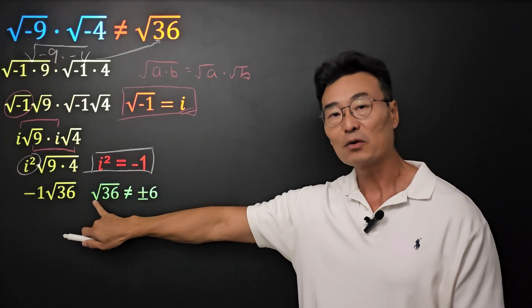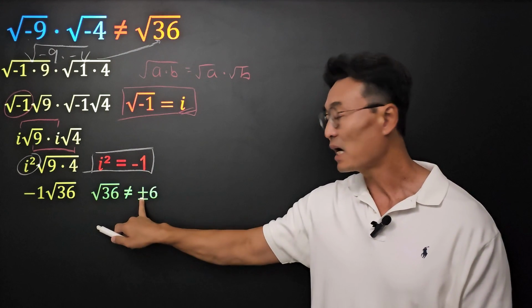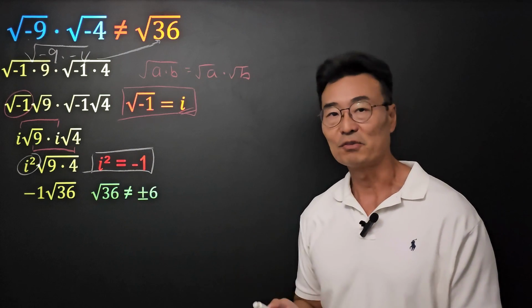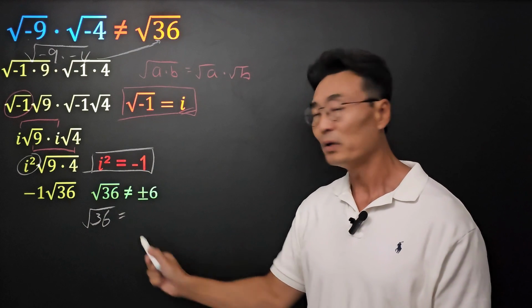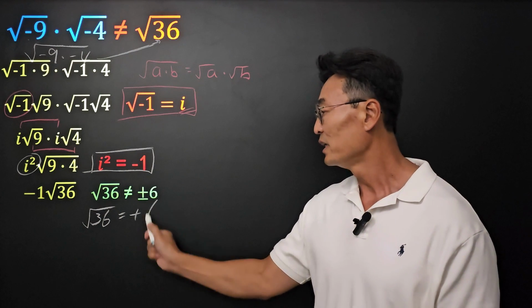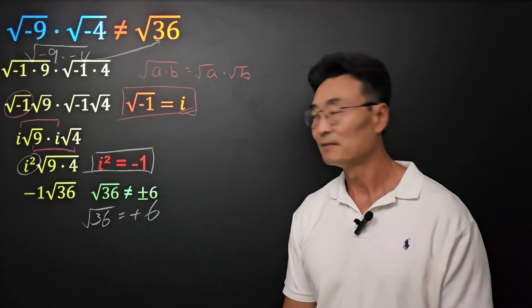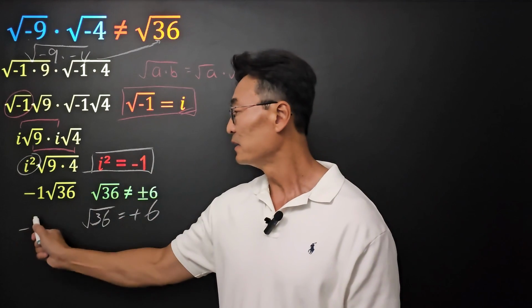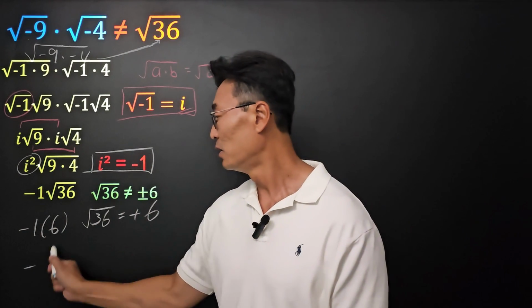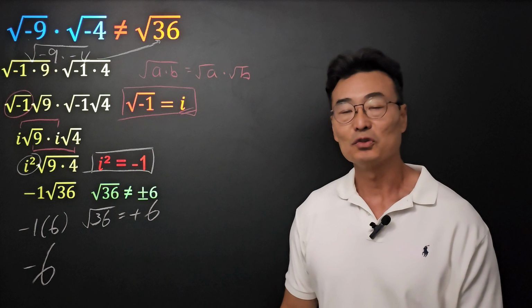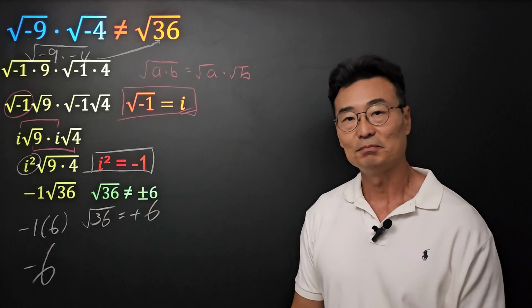When we use that radical sign, we only use the positive root, or the principal root, where the square root of 36 is always only equal to positive 6. So this will be negative 1 times positive 6, or negative 6, is going to be our final answer.